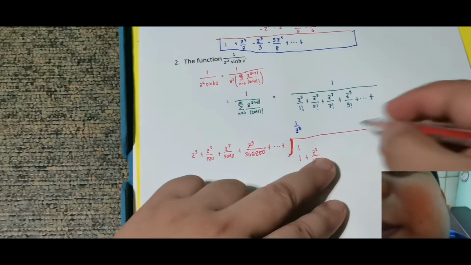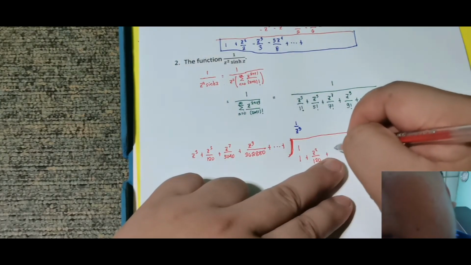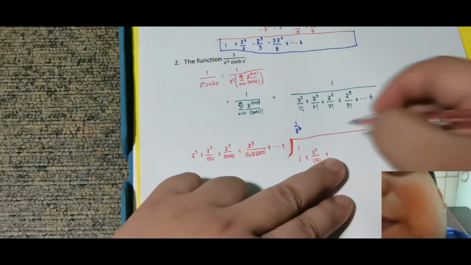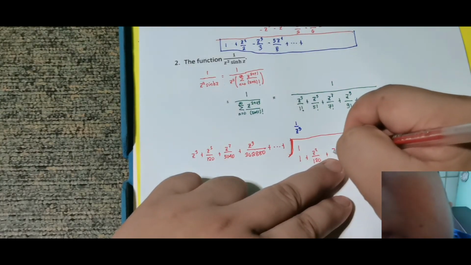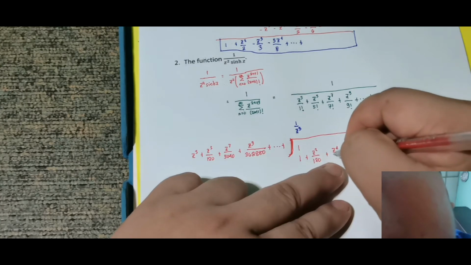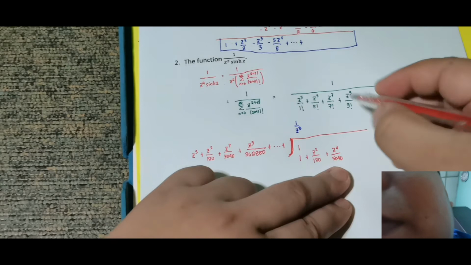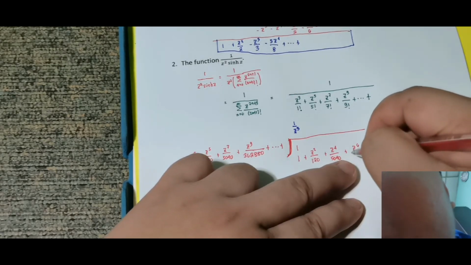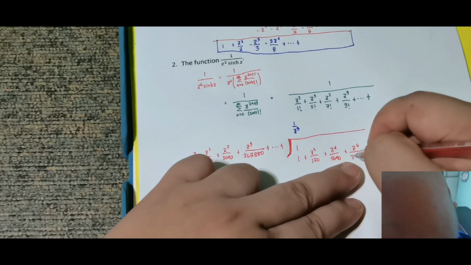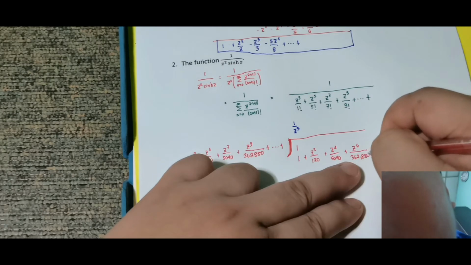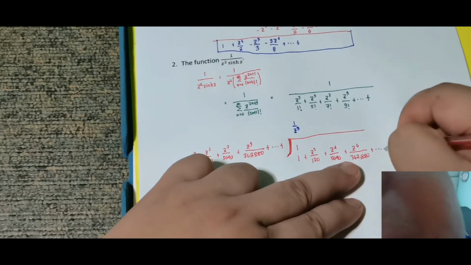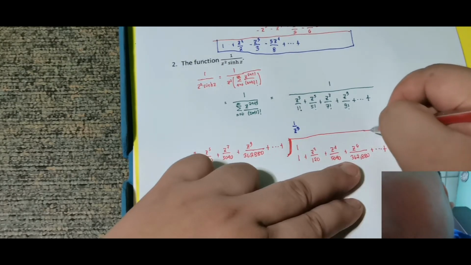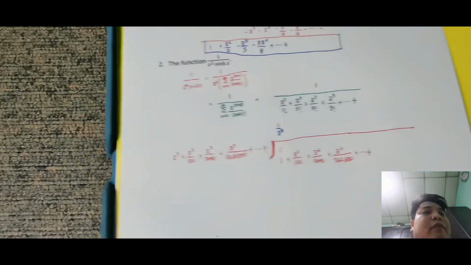Okay, then multiply pa, plus z to the fourth over 5040, then plus z to the 6 over 362,880, then plus that plus. So yan, napakahaba niya.